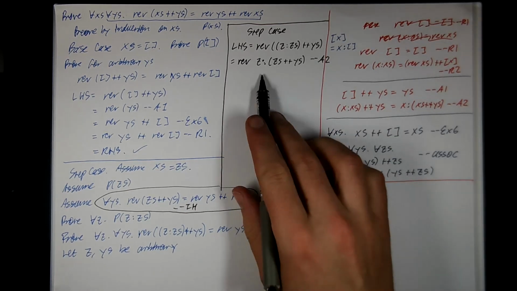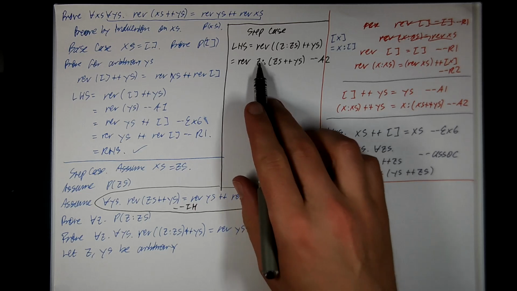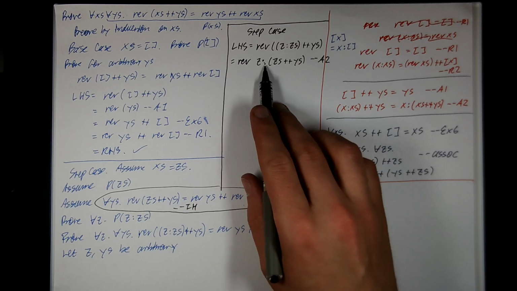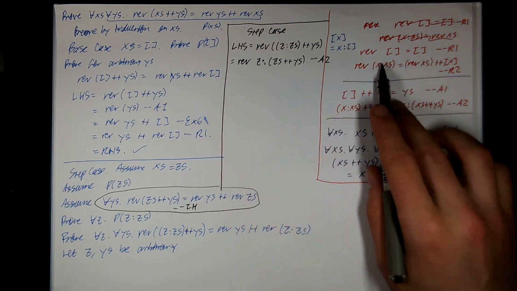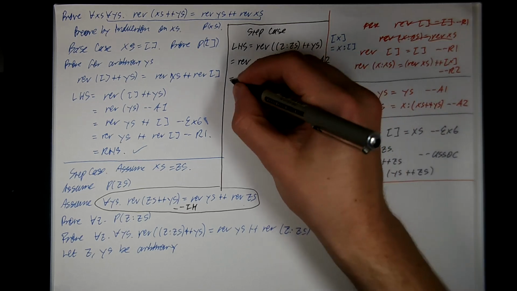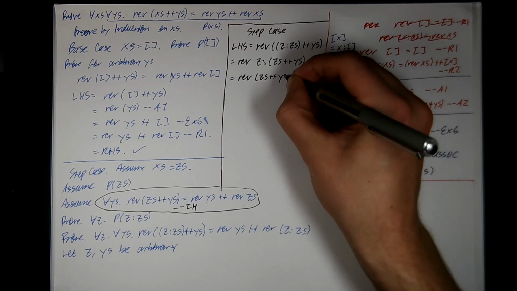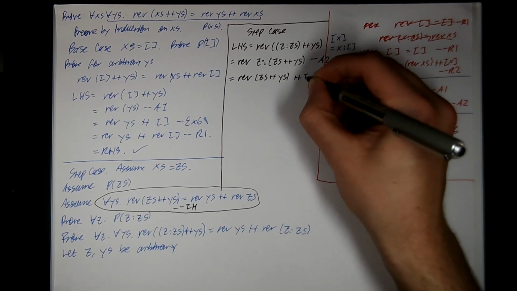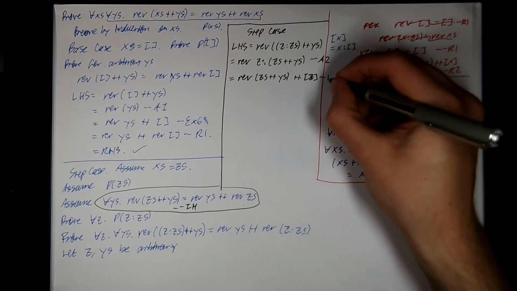Now what can I do? I can use the definition of rev to help me. If we have rev of some element consed onto a list, I take the element by itself and move it all the way to the other side. This is going to be rev of zs concat ys, concat the list containing z, by rule R2.